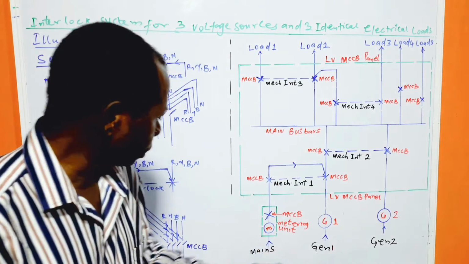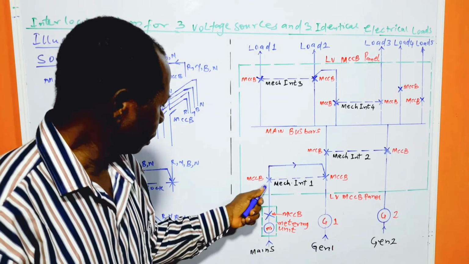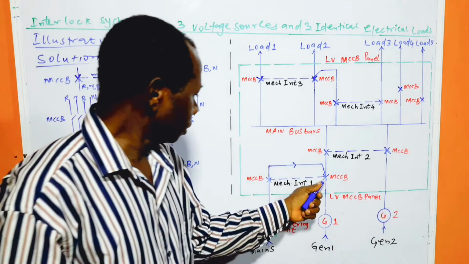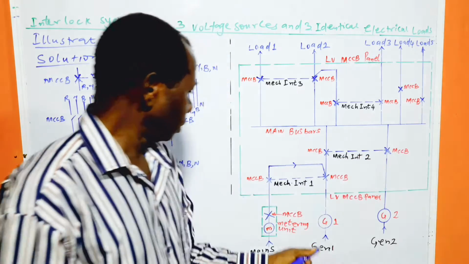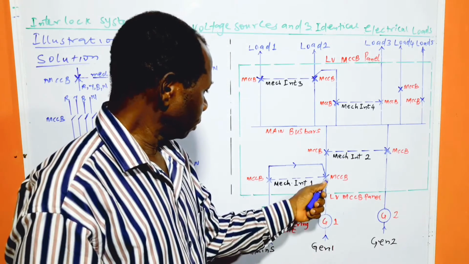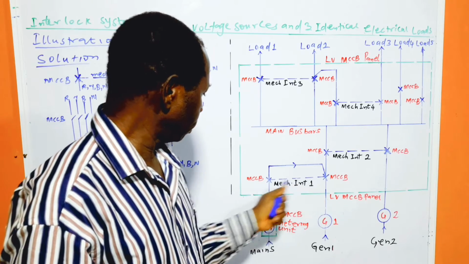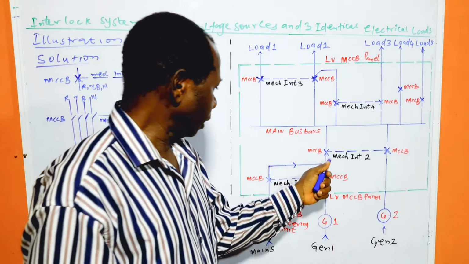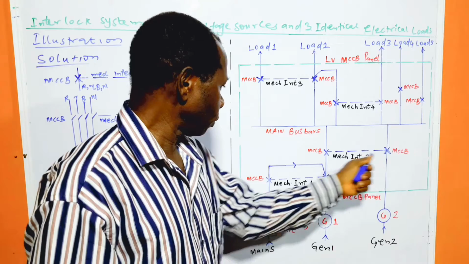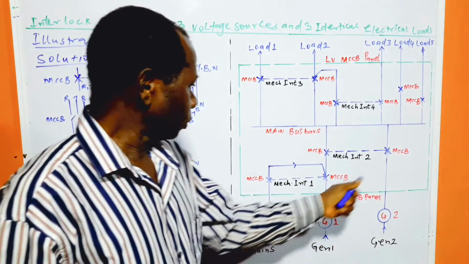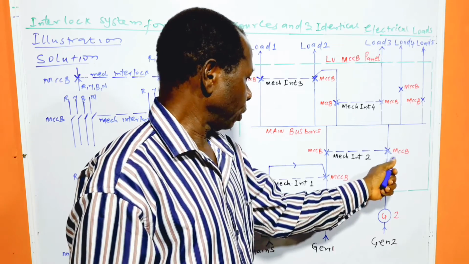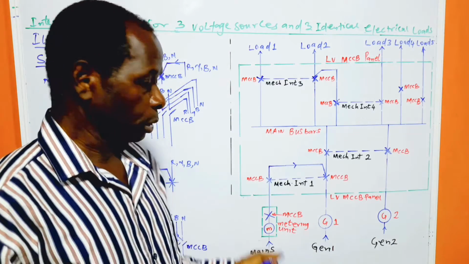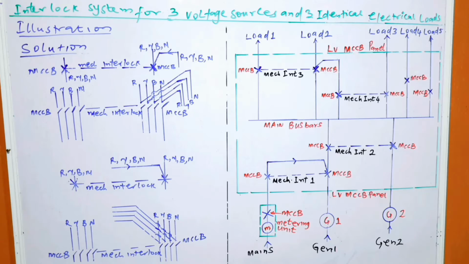For the voltage sources, to select the mains, this circuit breaker will be closed, this is opened, this will be closed, and this will be opened. To select generator 1, this circuit breaker will be closed, this will be opened, and also this one will be closed while this one will be open. And to select generator 2, only this circuit breaker will be closed, all others will remain open.